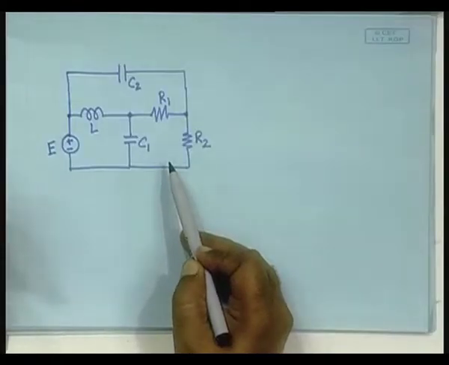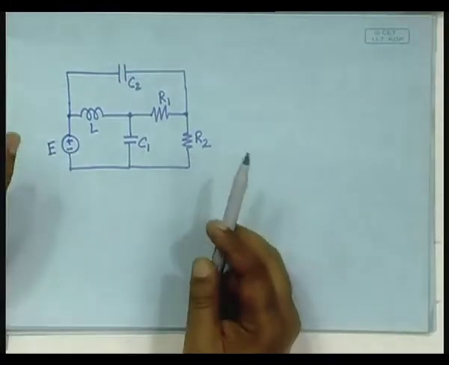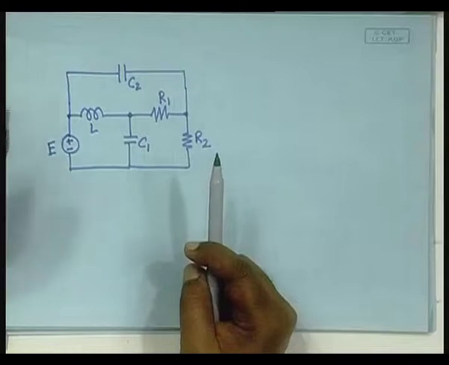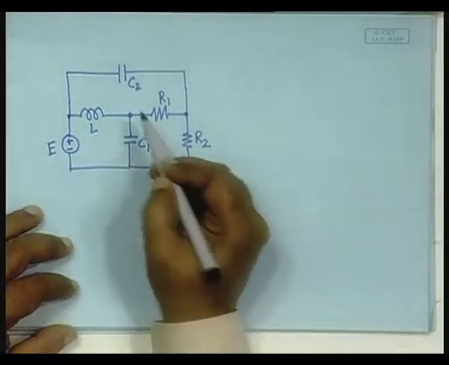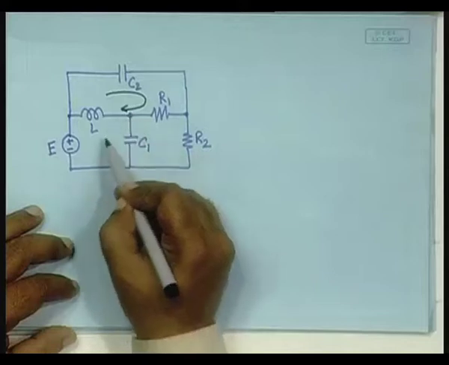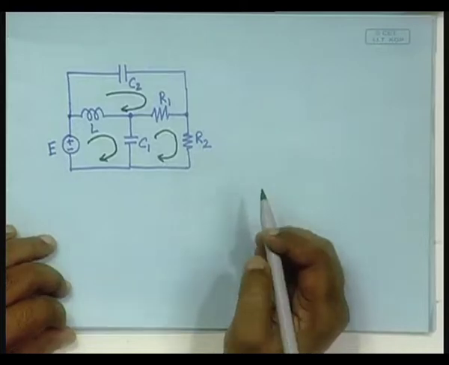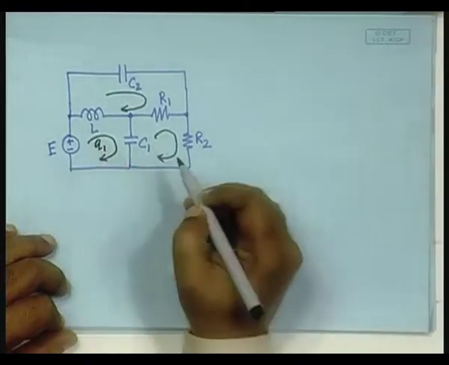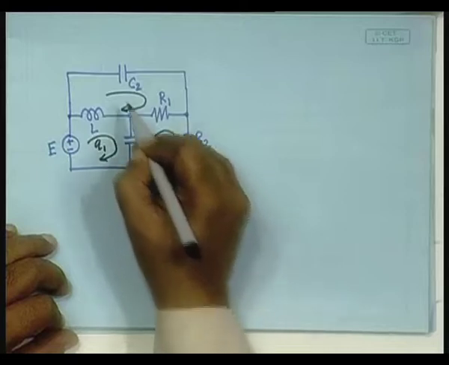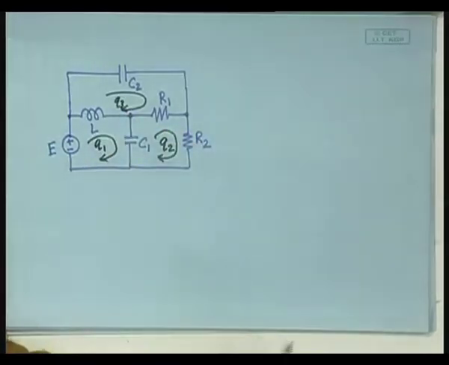From the first year circuit theory course you have learned that if there is a circuit like this, we have to first identify the windows or meshes, and the minimum number of variables necessary would be the number of meshes. So it will be very convenient to identify the 3 meshes like this. Then we will say this is our Q1 direction of flow, this is our Q2 and this is our Q3.